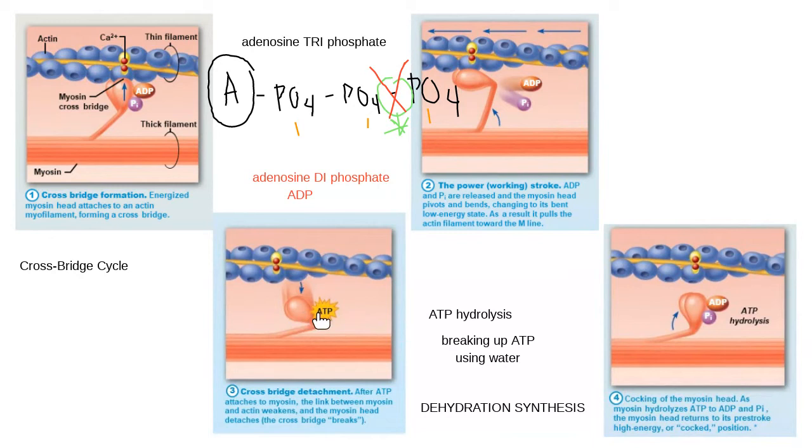But if myosin is attached to ATP, myosin realizes, ooh, there's some energy in here, and we break down ATP to go back into the upright position. We talked about at the beginning how we need to know what's happening with myosin and actin in each of these steps. But the other thing we need to make sure we know for each of these steps is what's going on with ATP, or what's going on with the trash that's left over from ATP when I do hydrolysis.